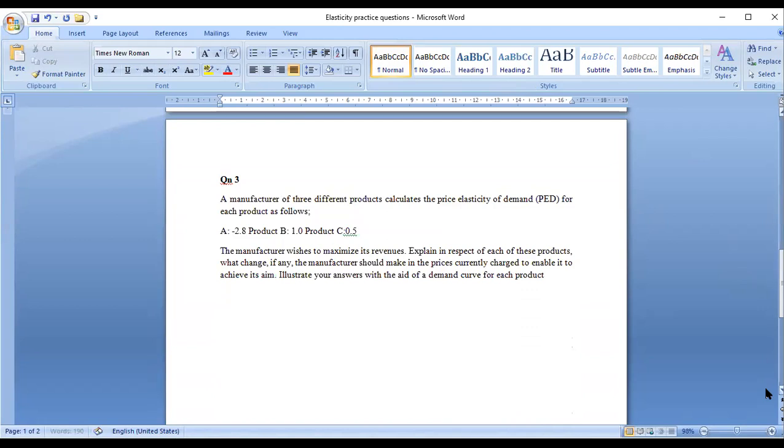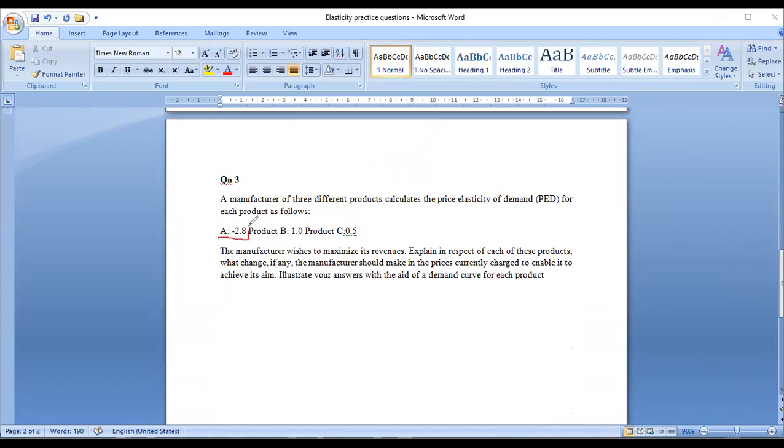A manufacturer of 3 different products calculates the price elasticity of demand for each product as follows. Now here they've calculated for us, so we are not going to calculate.